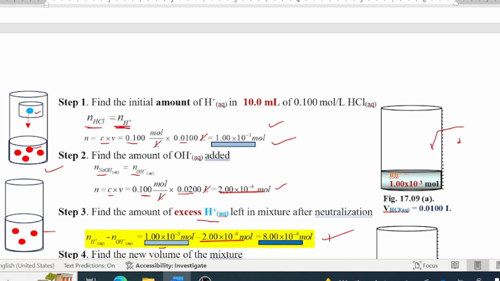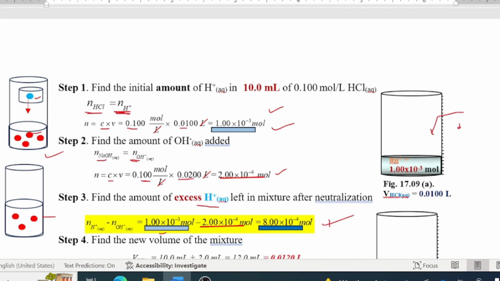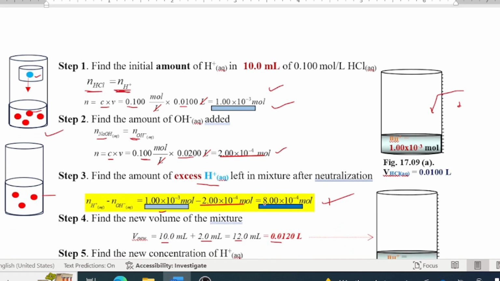In this case, we get this as the amount initially, okay? Then sequentially, you're adding 2 milliliters of 0.14 mol per liter NaOH. In that case, because they're all strong acids and strong bases, we're assuming the number of moles of OH corresponds to the number of moles of NaOH. So you just find the number of moles of the OH you're adding, and you subtract that from the initial amount of hydrogen that you have, and you'll get a new number of moles of hydrogen ions there.